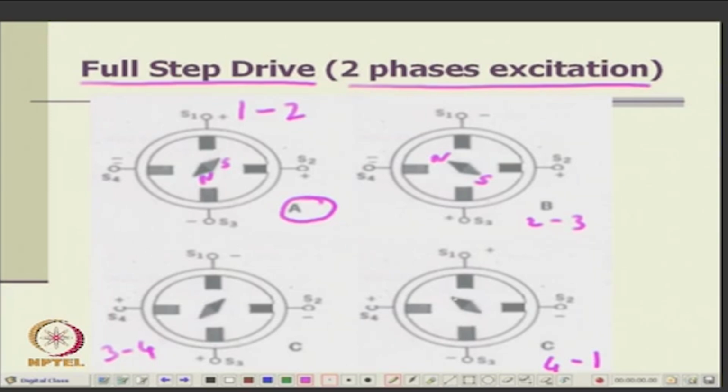This should be the south, this should be north, let us say. This is south and north. So, you change this. Now, I think it is obvious that you can have a two phase excitation and the rotor, even if it is a permanent magnet, will have a 45 degrees shift. How much will each step be? 45 degrees, is not it?